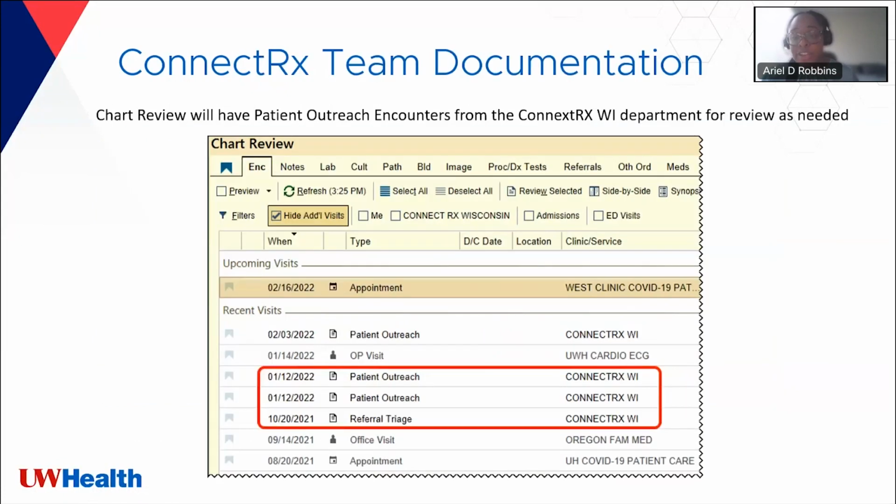And then just the documentation component. Because the community health workers are official care team members, they document all of their patient outreach in Epic as well. If you go under chart review, you can see all of the ongoing documentation that the community health worker team is documenting.